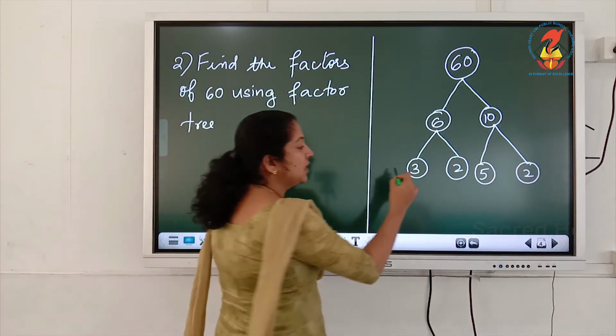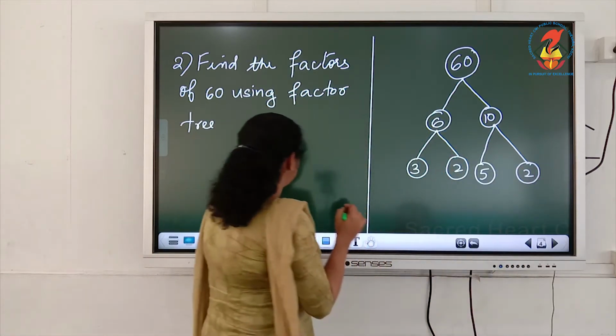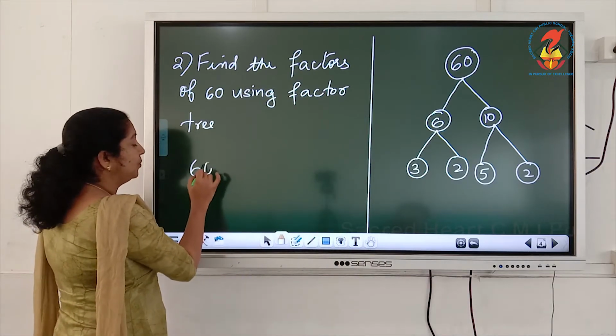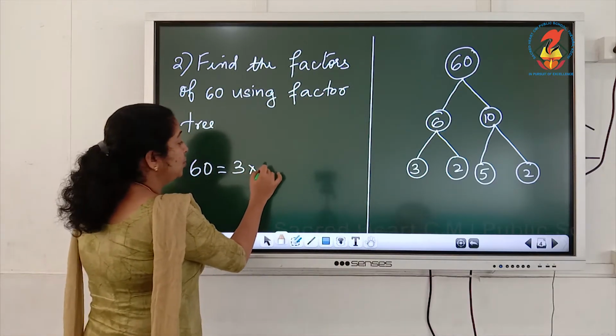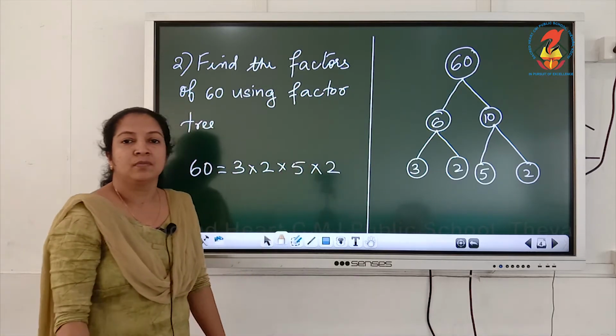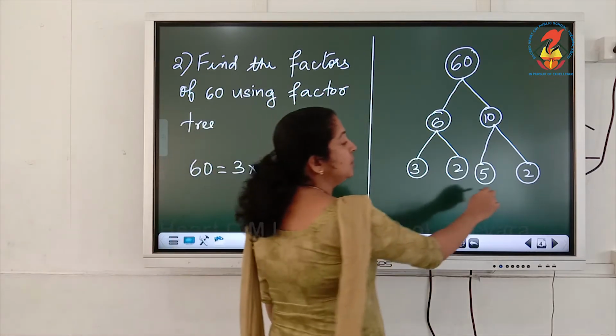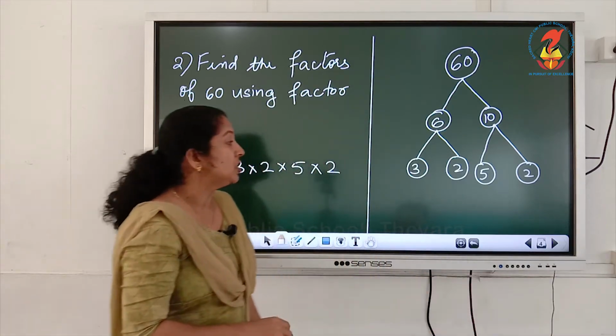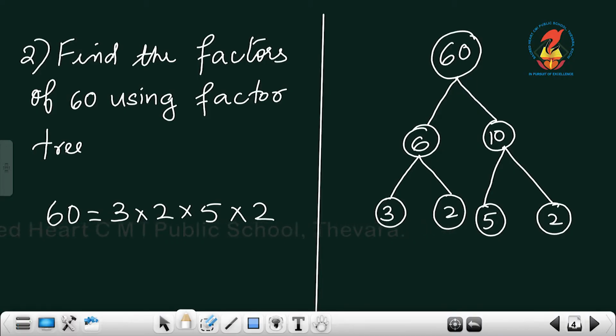So these are the prime numbers. So we can write 60 is equal to 3 into 2 into 5 into 2. All these numbers are prime numbers. So we can write 60 as a product of prime numbers, which is known as prime factorization. So that is equal to 3 into 2 into 5 into 2.